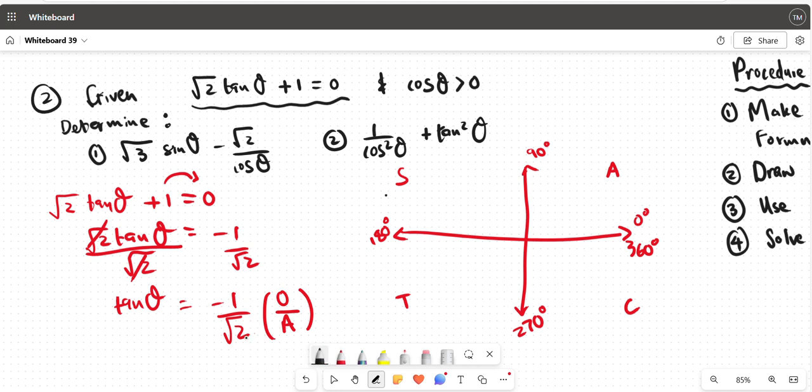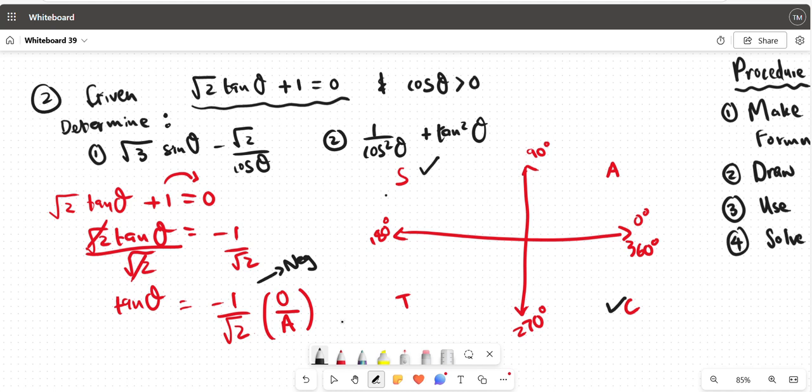So our tan is clearly negative. So the fact that it's negative here tells me that it needs to be in a quadrant where tan is negative. So where is tan negative? Tan is negative there at S, and it's negative there at C. So that is the first thing.